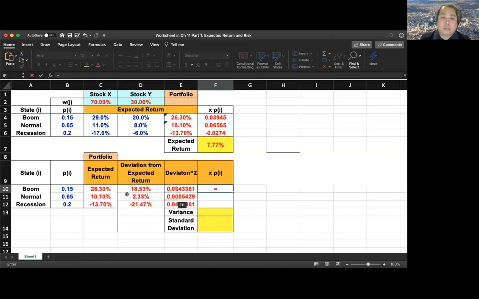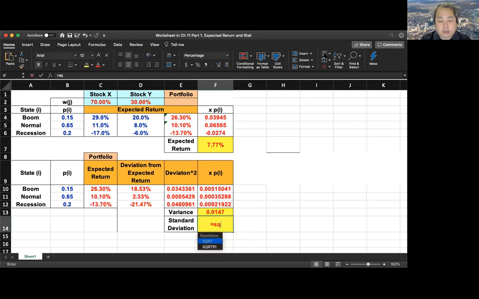Times probability and add them up. It is variance. Take square root. 12.13% is portfolio standard deviation.